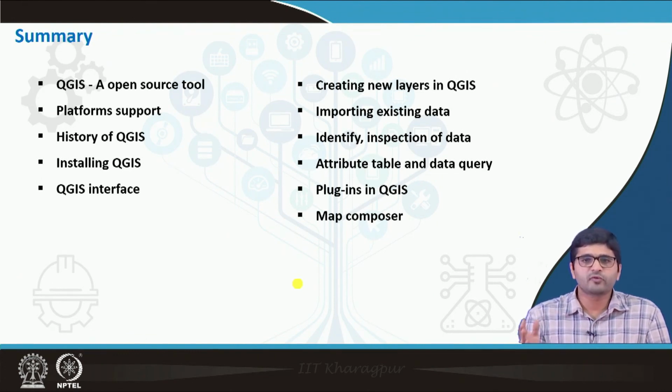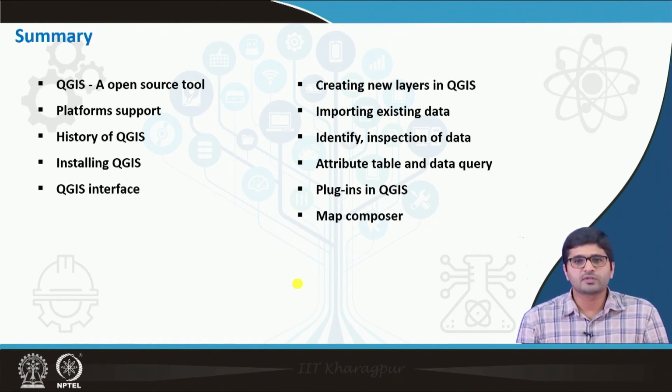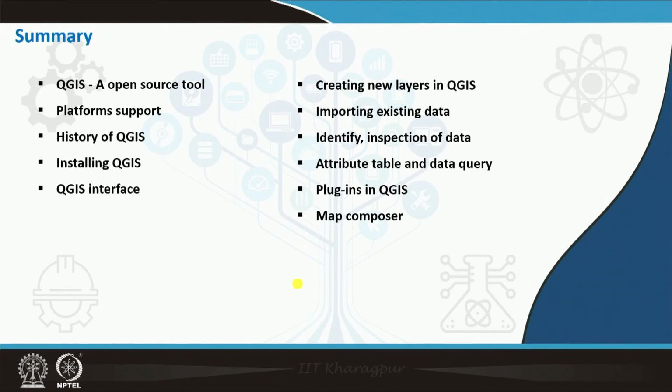We have seen some of the interfaces of QGIS and various functionalities, how to create new shapefile layers, how to bring in existing shapefile layers, how to label and style them, how to identify features, how to inspect the data in the attribute table and query the data, and installing new plugins. We have also seen some important plugins like OpenStreetMap, layers, georeferencer, zonal statistics, and other spatial plugins. Finally we have seen map composing, how to compose a map after we have created these things.